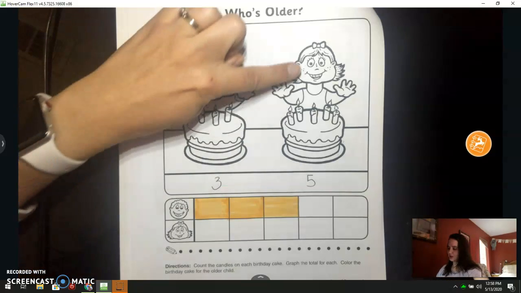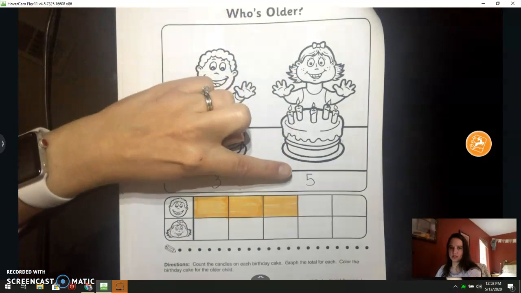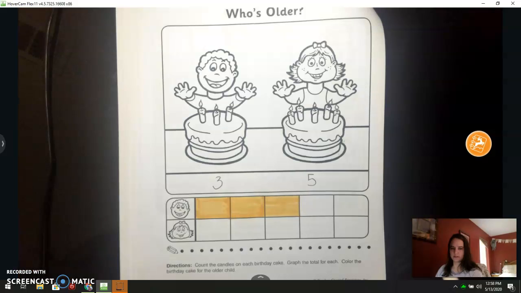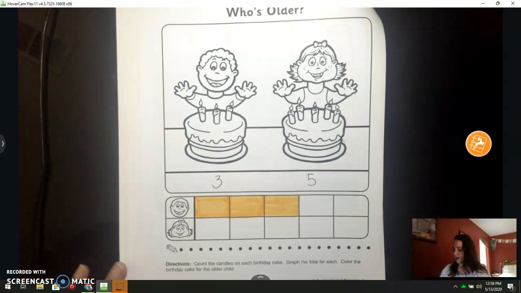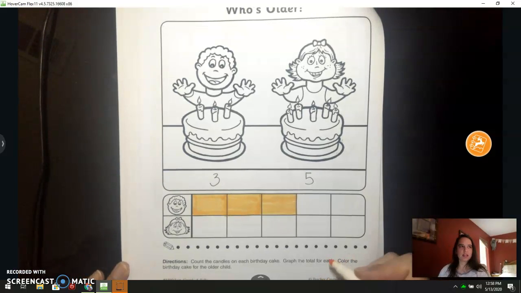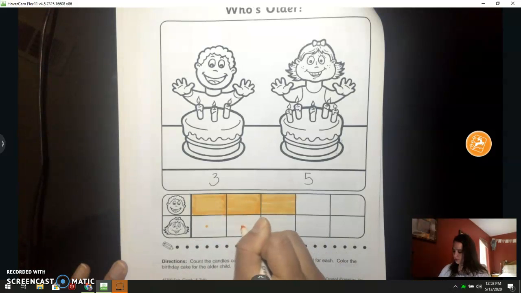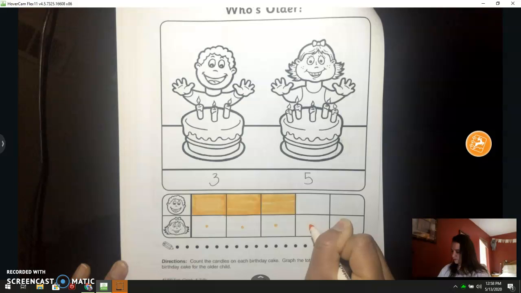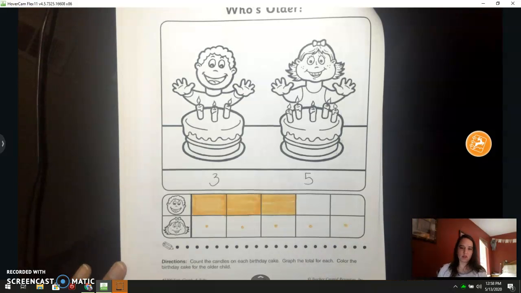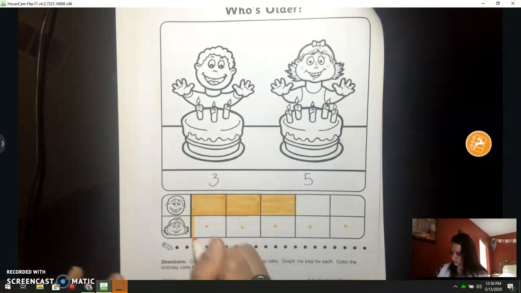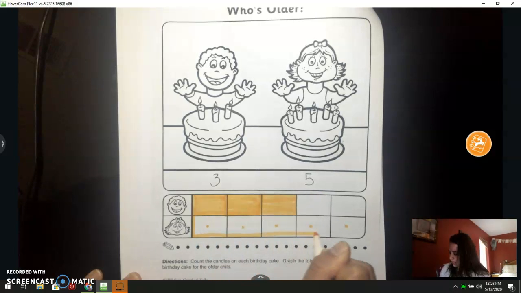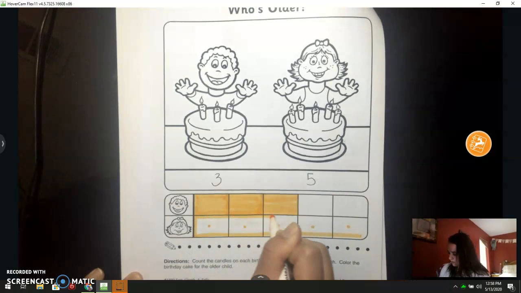And for our girl, how many candles did she have? 5. So I'm going to color 5 rectangles. If you want to count them first, you can just put a dot in each one. 1, 2, 3, 4, 5. And I know all the ones with the dot I'm going to color. It's actually the entire row.